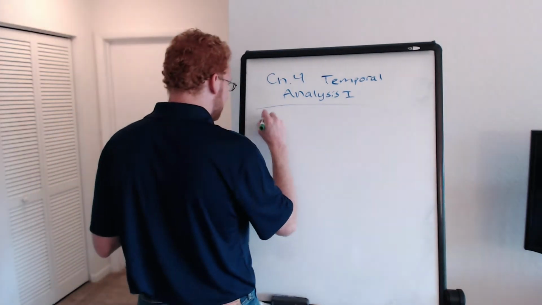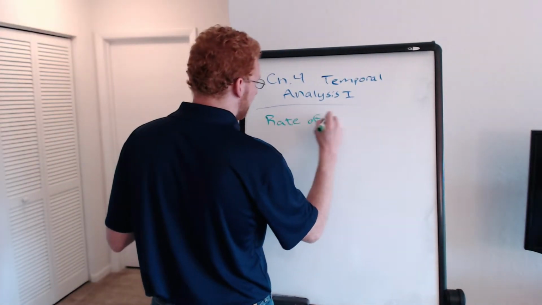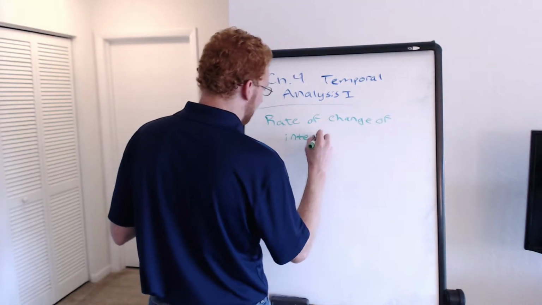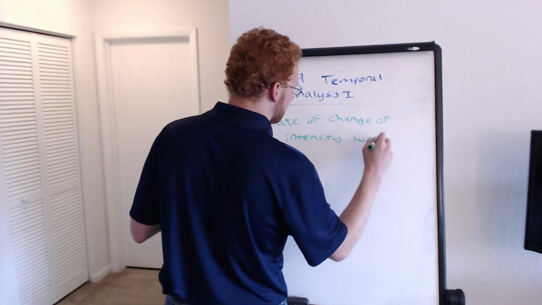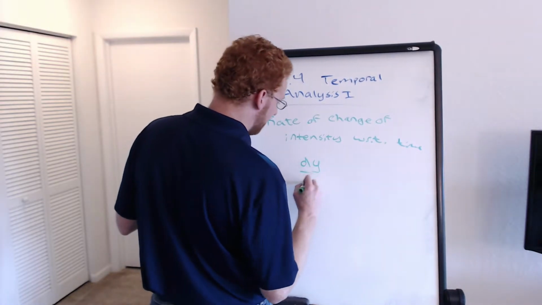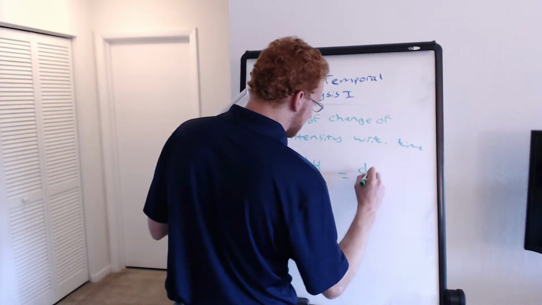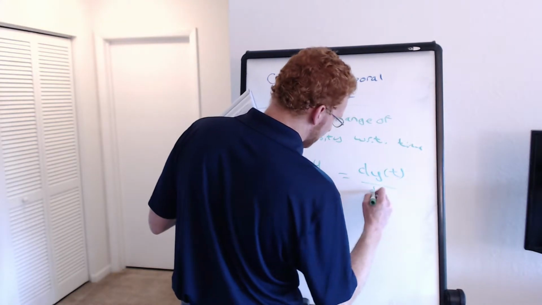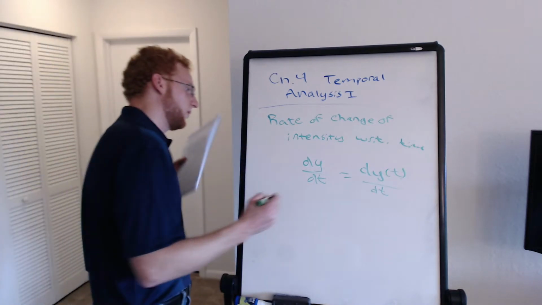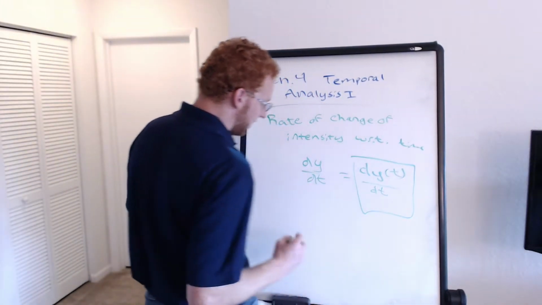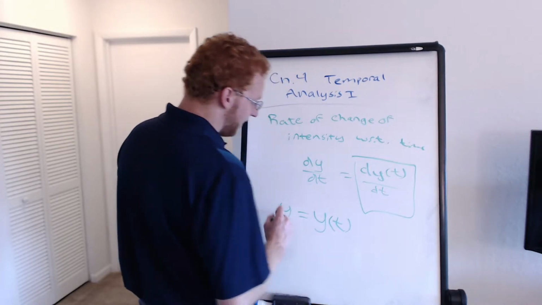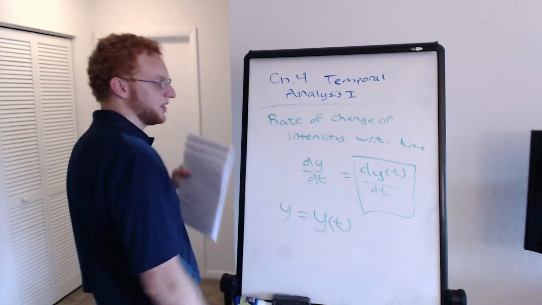So the rate of change of intensity with respect to time is represented by dy/dt, which can also be written as dy(t)/dt. We're rarely interested in y(t). We're more interested in the change in y(t).